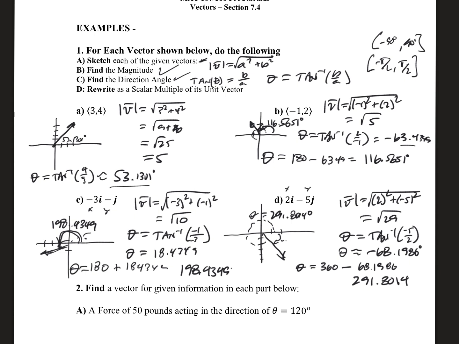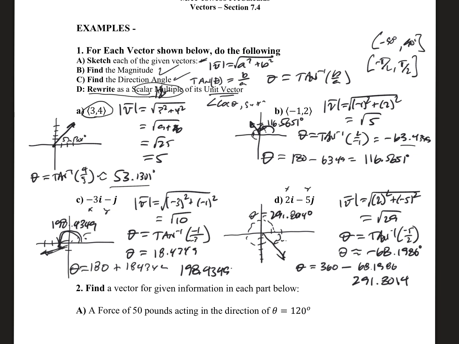And then lastly, we can put this all together. We can rewrite this as a scalar multiple. That's basically your magnitude times your unit vector, which is the cosine, sine of theta. All right, so let me do a couple of these. So for this one, let me just borrow the notation I'm using there.